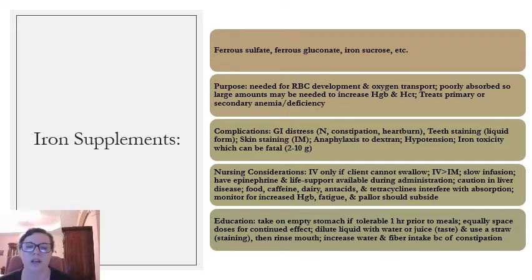So complications of giving iron supplements are going to be GI distress, so nausea, constipation, and heartburn. Specifically, with that constipation, the stool is going to be dark and tarry, and that's a normal side effect. It's not really a complication, but just to note that because it was not listed in your book, they will have dark tarry stools, and that's going to be normal.